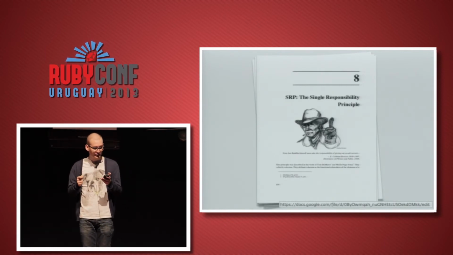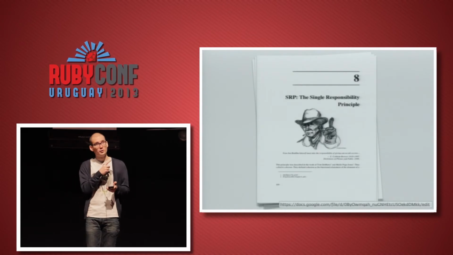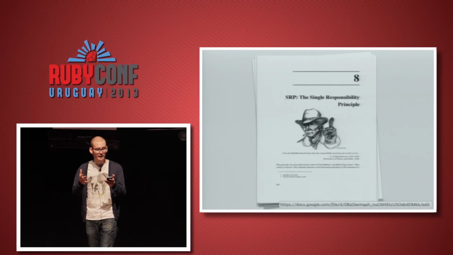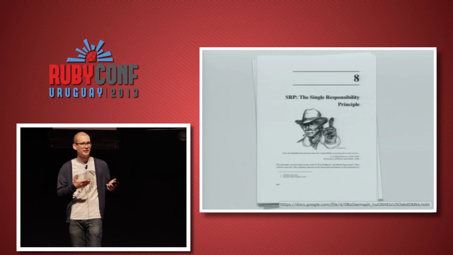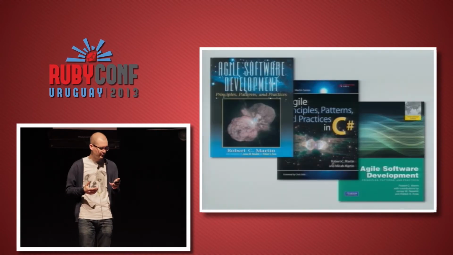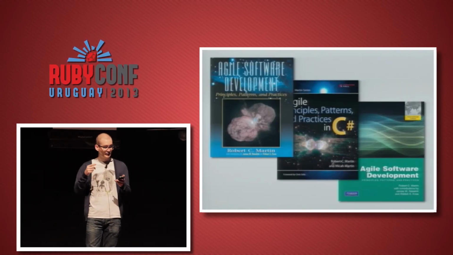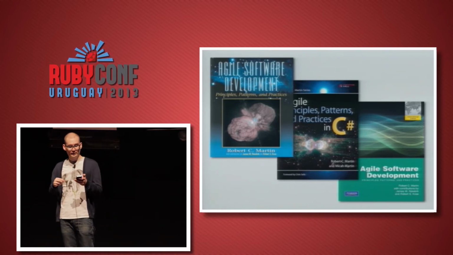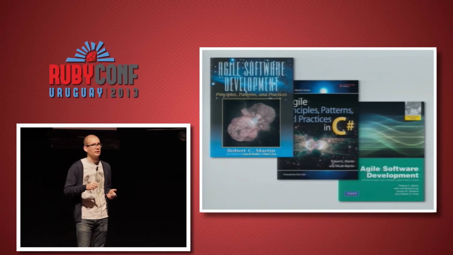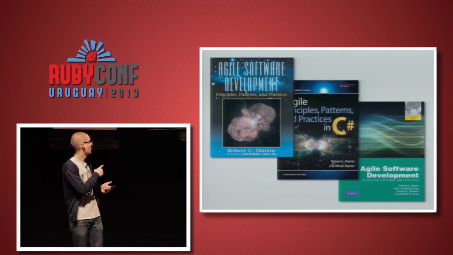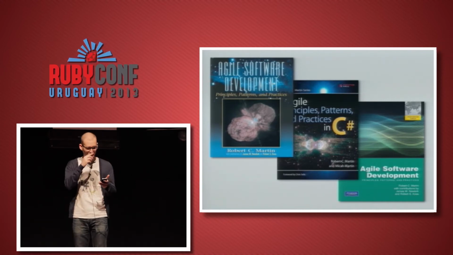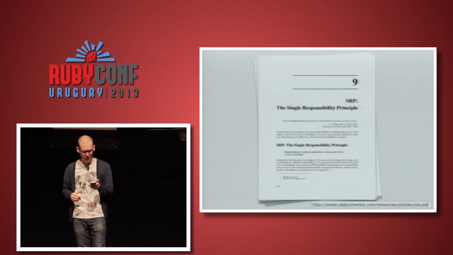There is something very curious I found while researching this topic for this talk. Robert Martin links from his own website to this document as kind of the canonical reference regarding the SRP, the single responsibility principle. I believe this article is a chapter of this book of his. These are 3 different editions, but I think it's the same book.